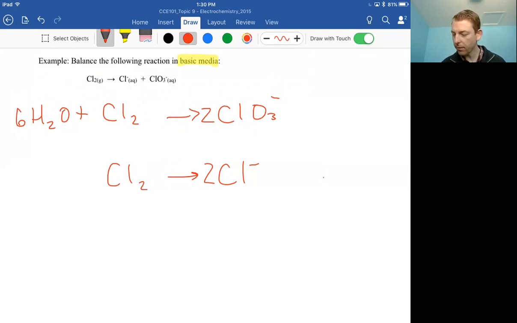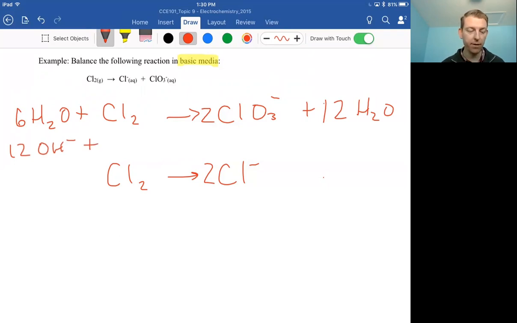To balance out the hydrogens, on the bottom row there's no hydrogen there. Top row, there are 12 hydrogens altogether. So we're going to add on 12 water onto the product side. And we will balance that by adding 12 hydroxide, since this is basic media, onto the reactant side.